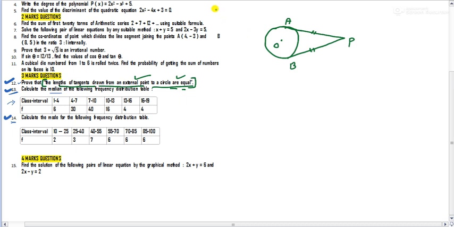So in your exam you have to write this diagram. So for question number 12 answer, first you have to write the diagram, then data. In data you can write whatever you wrote in the diagram.